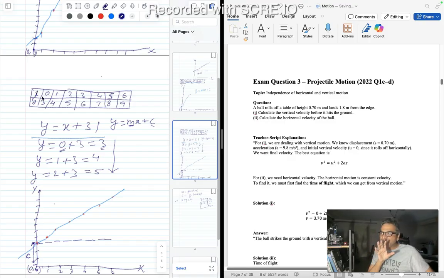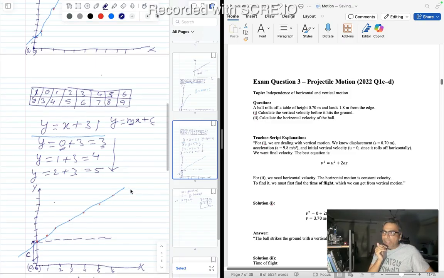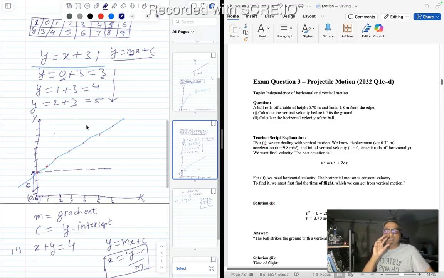The experiments are something like this: what if we put the value of 0, what will be the value of 3? So they observe these things, they put the values, and they get the equation.